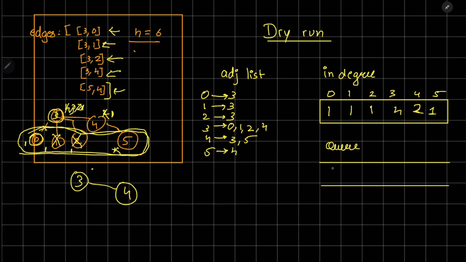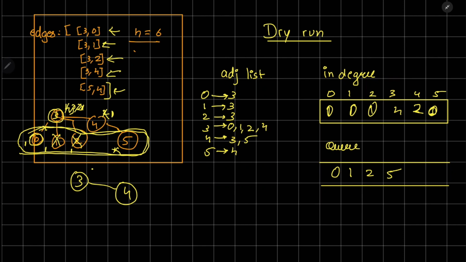So we will push here 0, 1, 2 and 5. As we push them into the queue, we should decrease them, because when we come back to the degree array, we should know that these are removed, so we decrease them to 0.